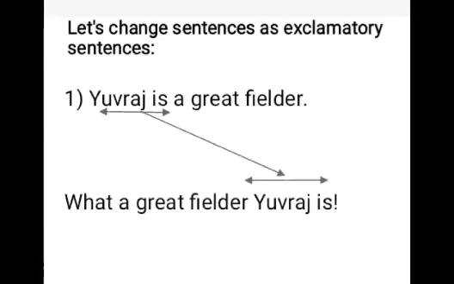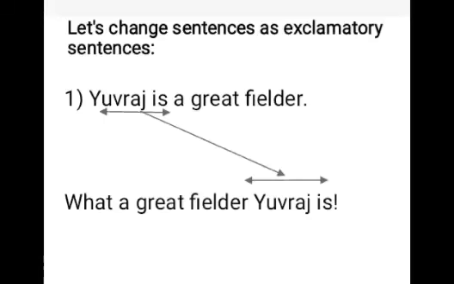Then see, article a is used in this sentence. So our exclamatory sentence will begin with what. After what, article a is written, then adjective great, noun fielder is written, and at the end subject and verb are written.